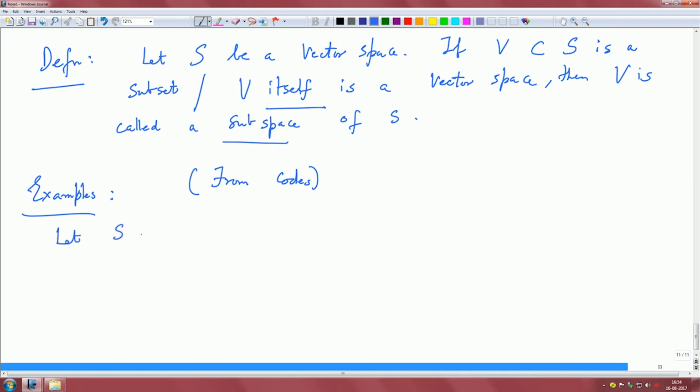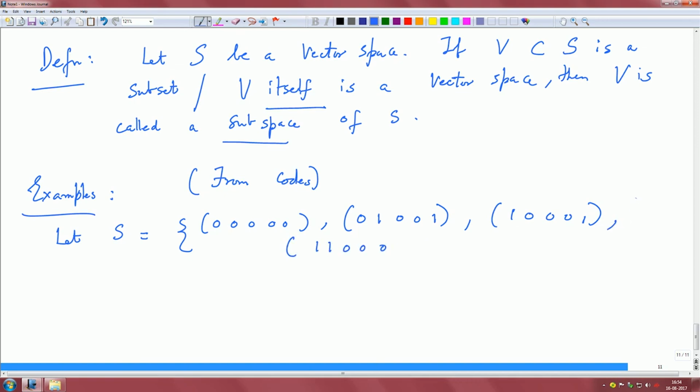Let S be equal to this set, and the addition operation is basically modulo 2.